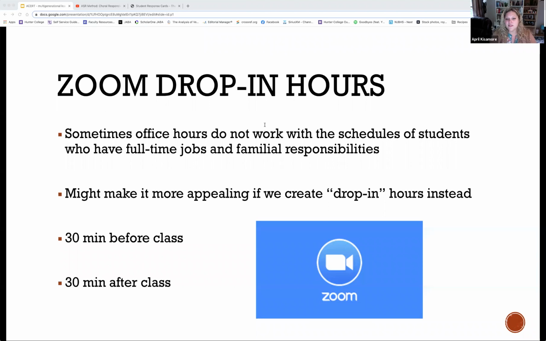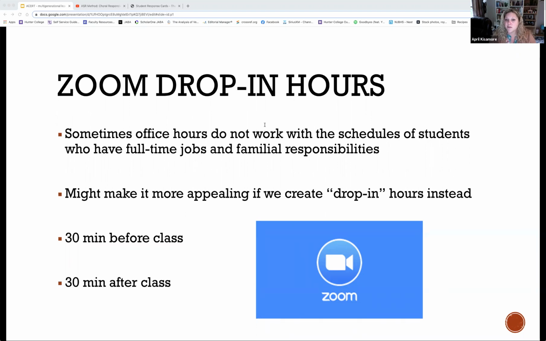So what we've started doing is offering drop-in hours where we log on to our Zoom classrooms about 30 minutes before class, and we plan to stay about 30 minutes after class. So this way, students who might not otherwise attend office hours due to work or family commitments have an opportunity to meet with us and discuss questions, concerns, or even just ask for guidance in their professional world.